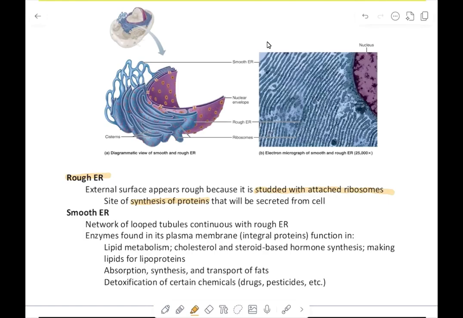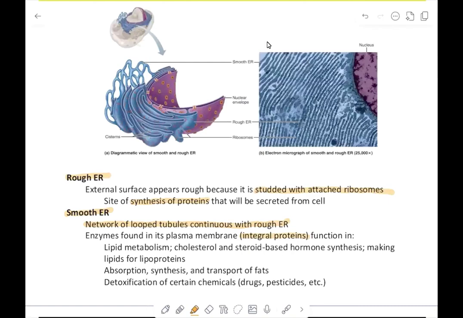Smooth endoplasmic reticulum, on the other hand, is a network of looped tubules continuous with the rough endoplasmic reticulum, and it has enzymes in its plasma membrane called integral proteins. When a protein crosses the span of the entire membrane, we call it an integral instead of a peripheral protein.